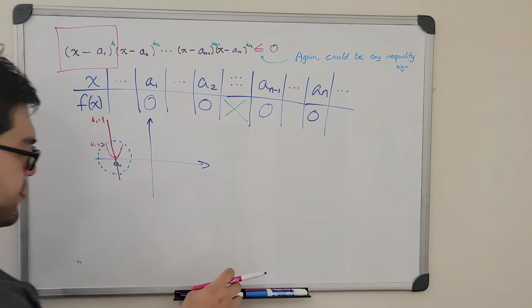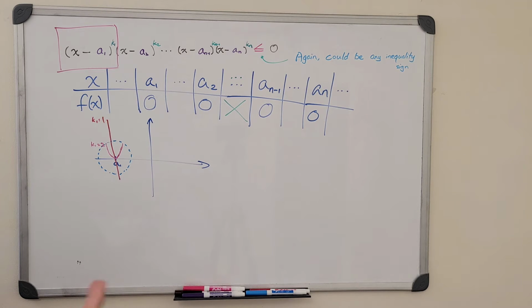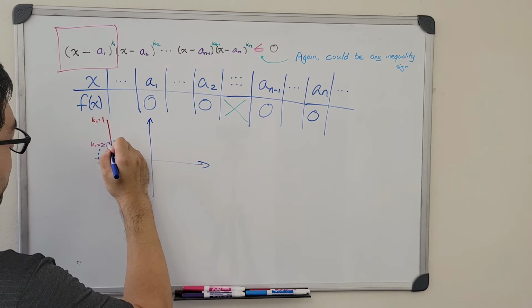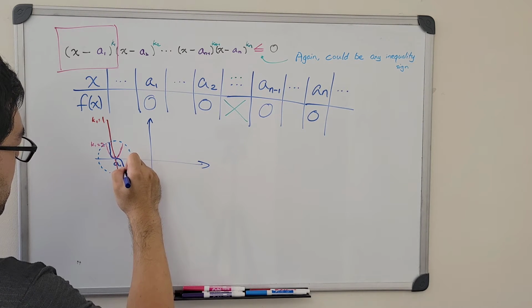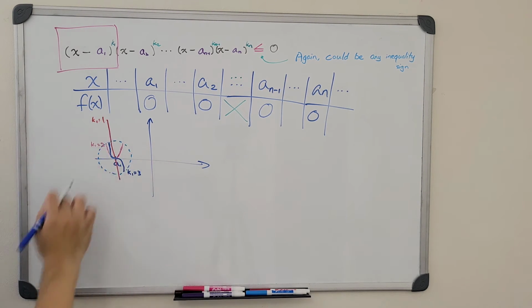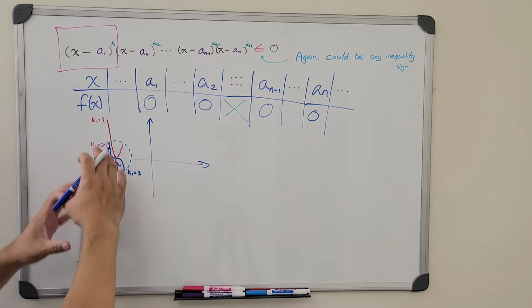Okay, now what happens if we try to make it even higher? Let's say k1 is equal to 3. If k1 is equal to 3, the graph is going to be like this. When k1 is equal to 3, the graph around A1 will really look like the cubic function, meaning we have a shape that looks very close to a degree 3 polynomial just around here.